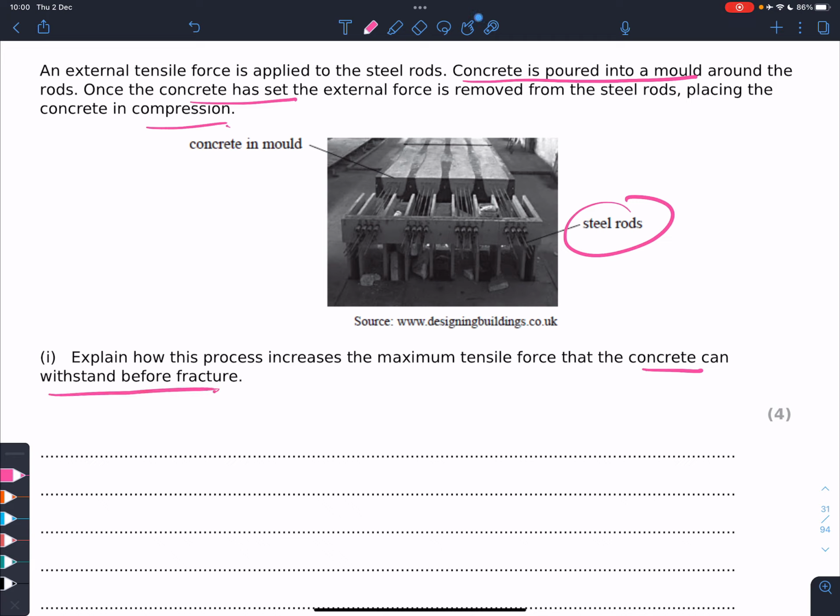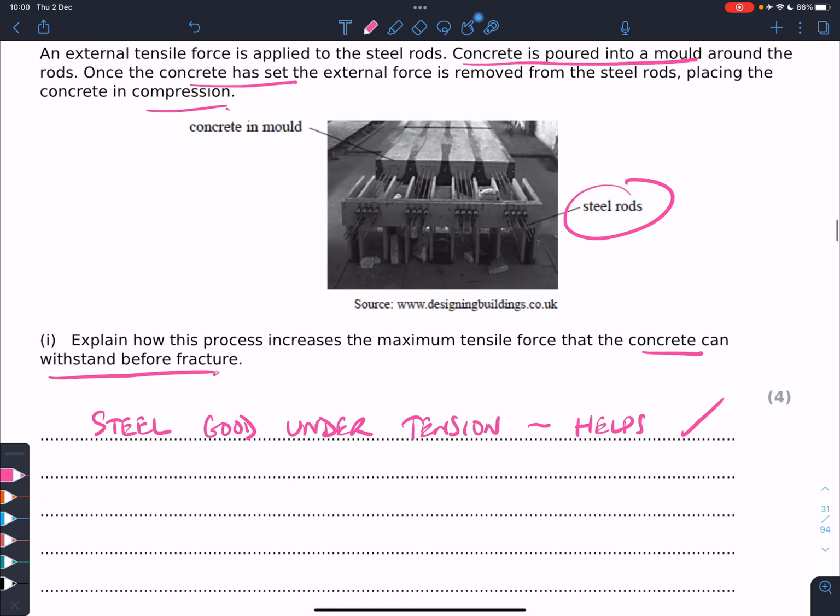Okay, so what happens is the steel is good under tension. So that's one thing. So steel being in there helps the concrete. The other thing is concrete placed initially under compression.